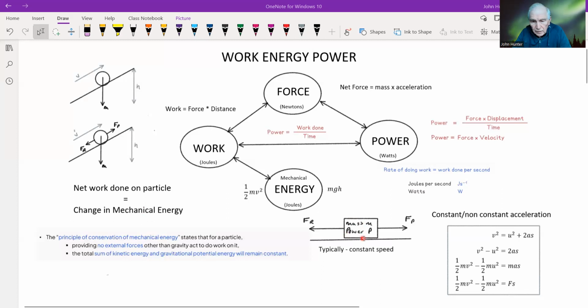And so if we have power, well, power is something which a particle, a body, will have. It's work that can be done to a particle, and more typically, it's a capability of the particle itself.